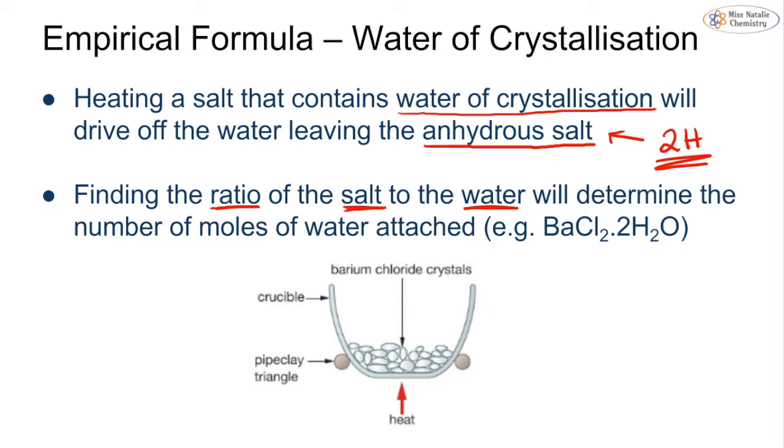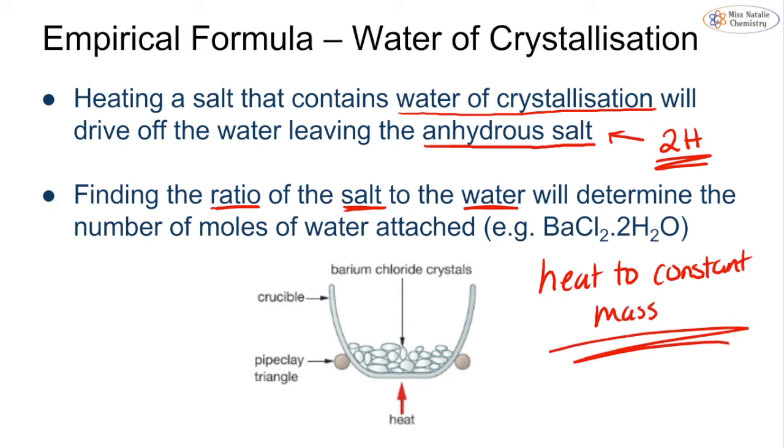So we weigh the salt in our crucible, we then heat it and weigh it again, and again we heat to a constant mass. Anytime you have a question like this, you should always use that term. We're heating to a constant mass. Once we're at a constant mass, we've lost all of the water, and we can determine how many moles of water were attached, and then we can figure out what our formula is.